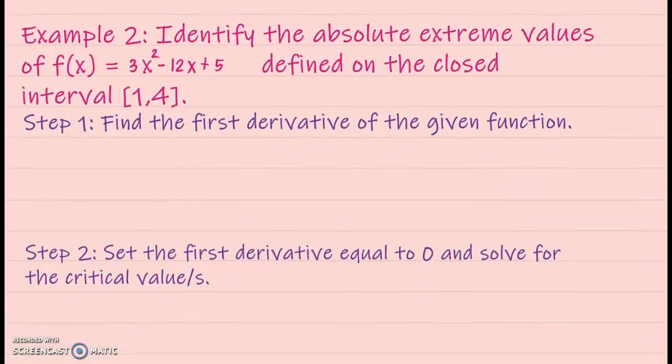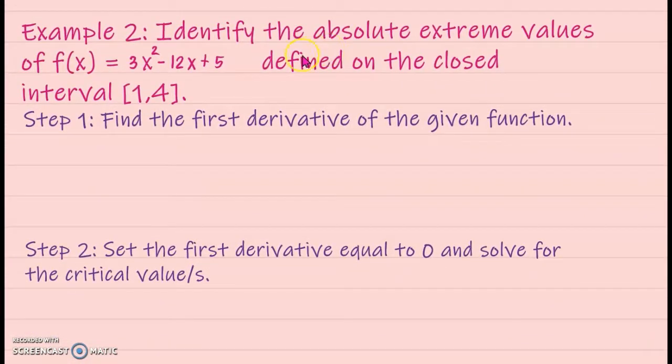Now let's have our second example. Identify the absolute extreme values of f of x equals 3x squared minus 12x plus 5, defined on the closed interval 1 to 4. So step 1, find the first derivative of the given function.